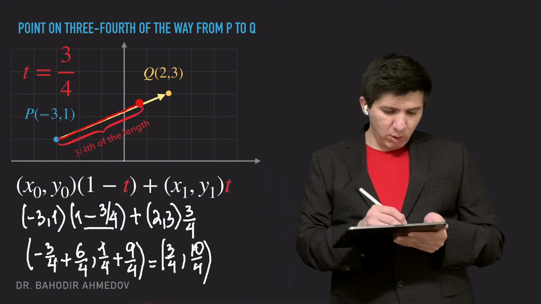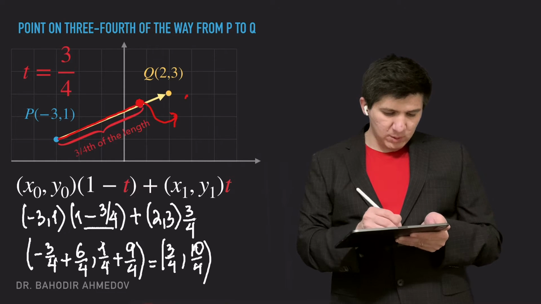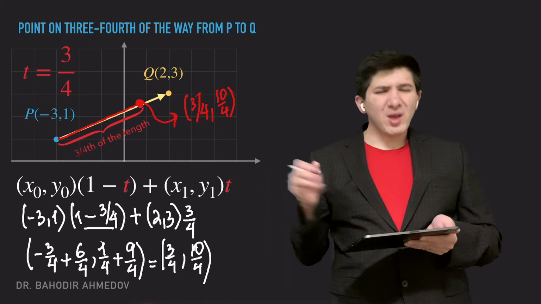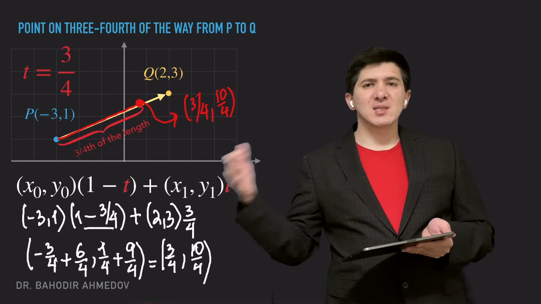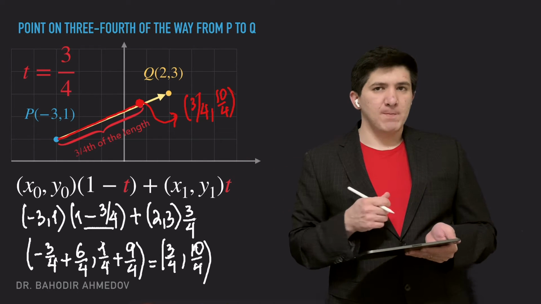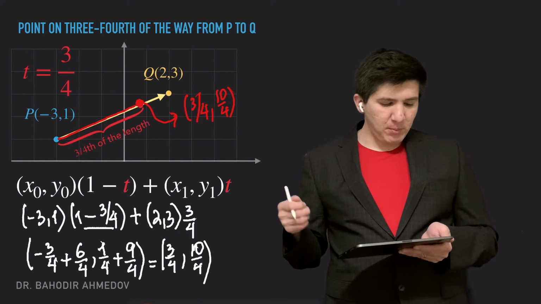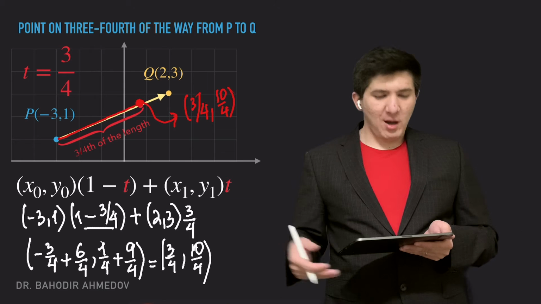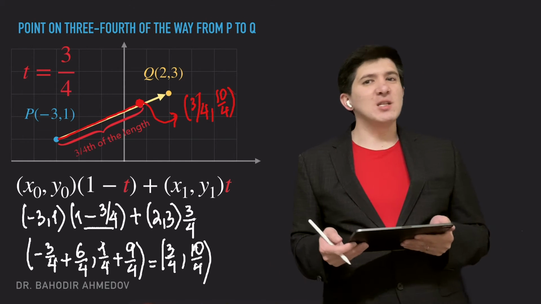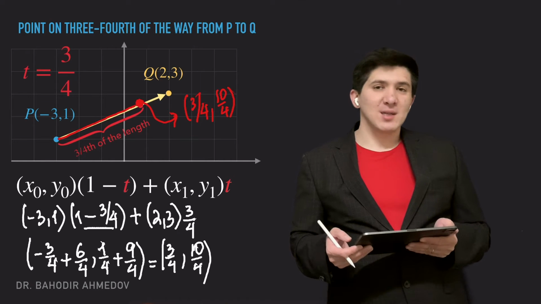So the coordinates of this point are (3/4, 10/4). You can find the point at any distance between these 2 points by just playing with t. If you would like to find, for example, the point 1/6 of the way between P and Q, just substitute t equal to 1/6, and that's it.